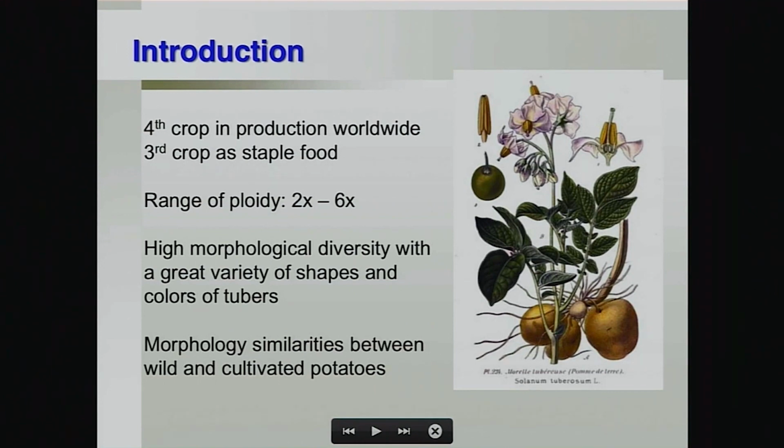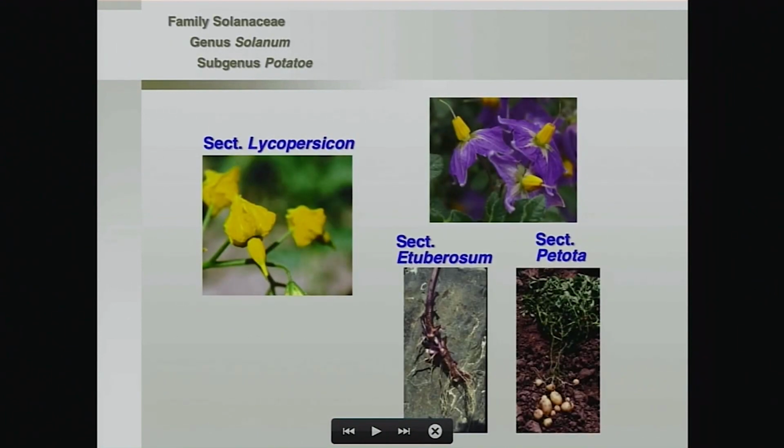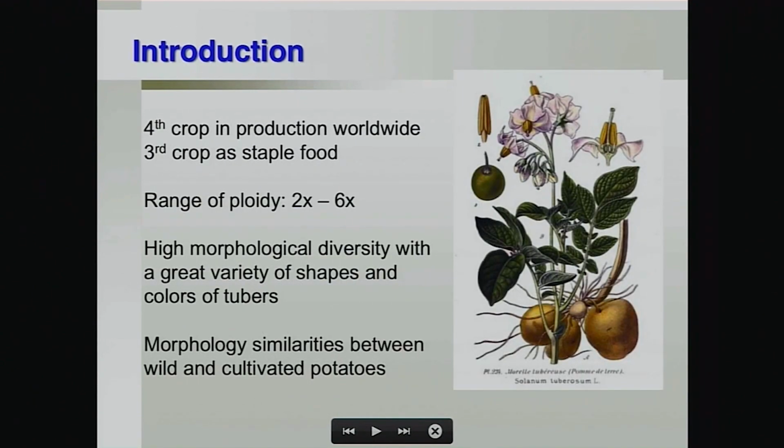Section Lycopersicon, where we can find the tomatoes, and we have also two other sections. Tuberosum is different. The main difference between both sections is that species in section Petota can form tubers, and here in Tuberosum not. And those sections are the closest to the section Petota.